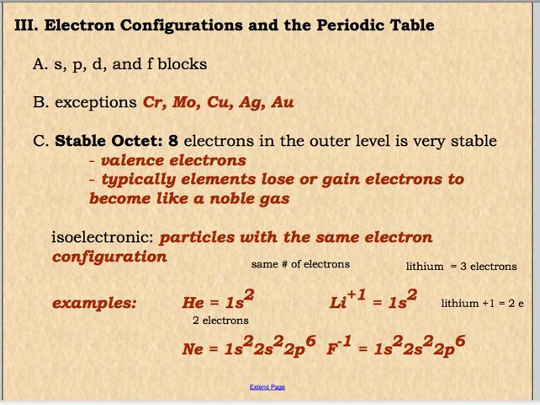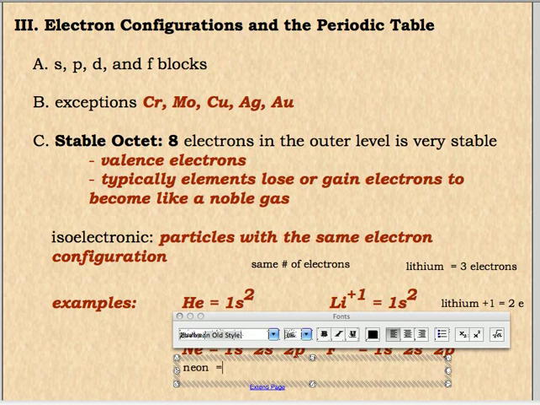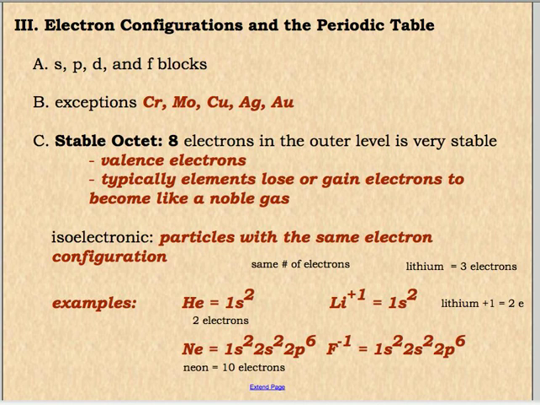So most metals lose electrons, and now we also have ones that gain. If you look up neon, neon has 10 electrons. And again, here's his noble gas configuration with 10 electrons. Fluorine typically has 9. He's number 9 on the periodic table. When fluorine forms an ion, fluorine will only form a -1.